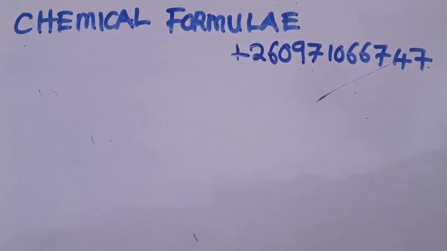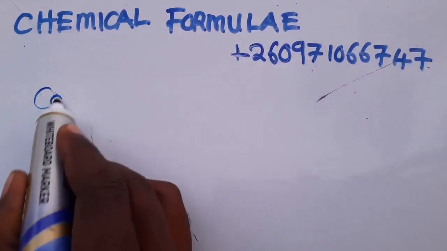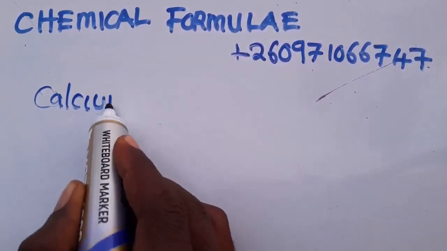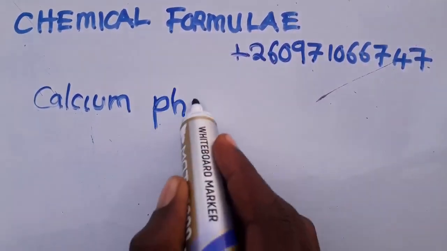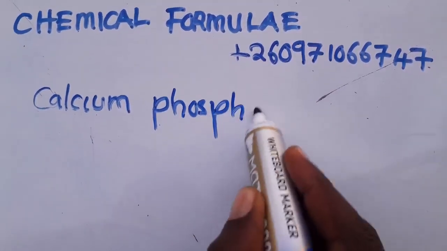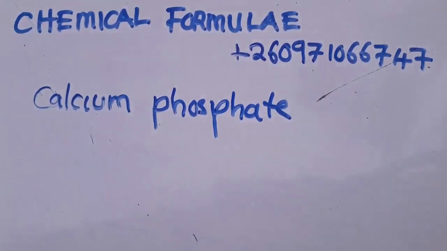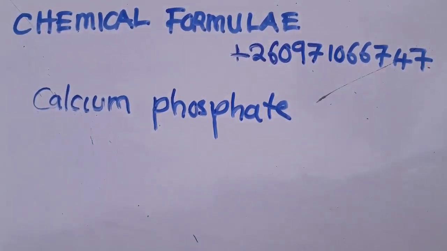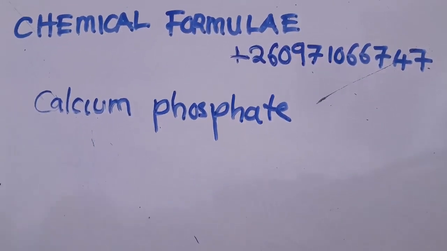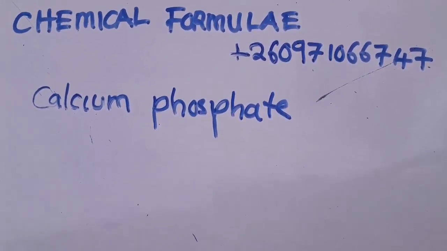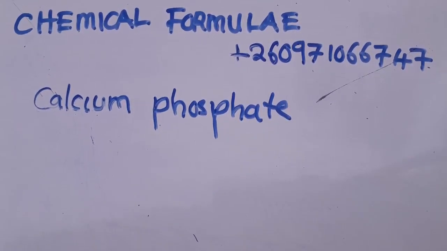We are talking about chemical formulas, how to write the chemical formula of different compounds. The first one that we are going to start with is: how can you write calcium phosphate?